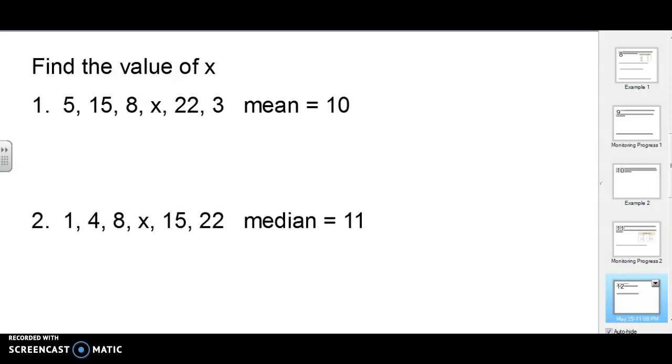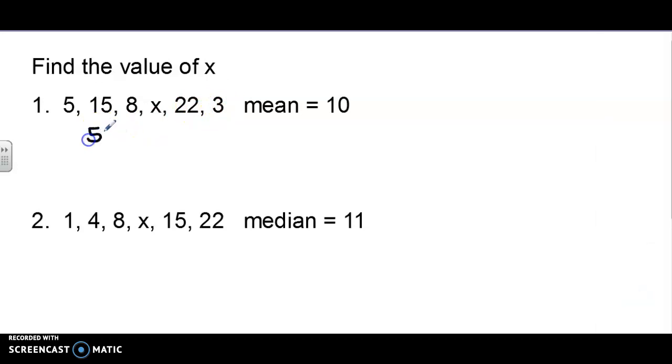So here they are giving us 1, 2, 3, 4, 5, 6 pieces of data, and they're saying the average of all of them is 10. The way I'll do this is I'll add up all of the known amounts. So 5 plus 15 is 20, 28, that'd be 50, 53. So I'll have 53 plus the unknown, which is x, divided by how many there are.